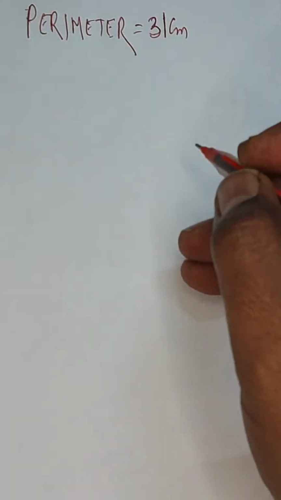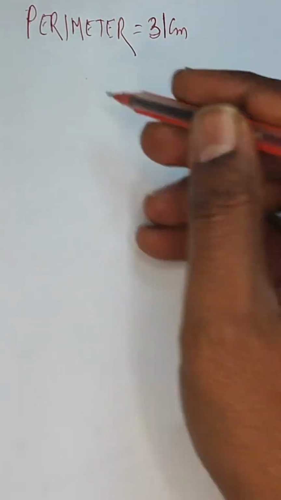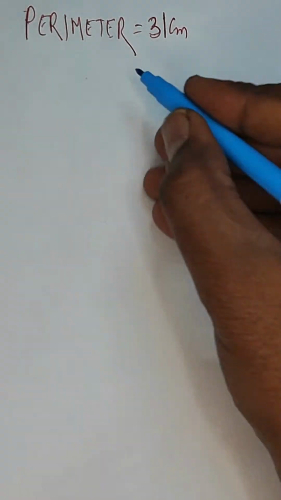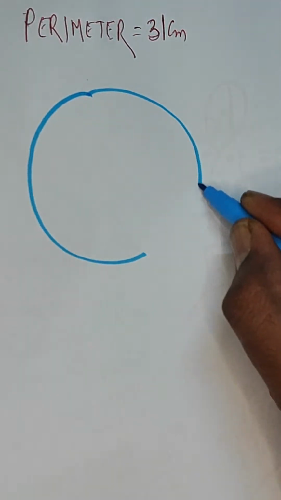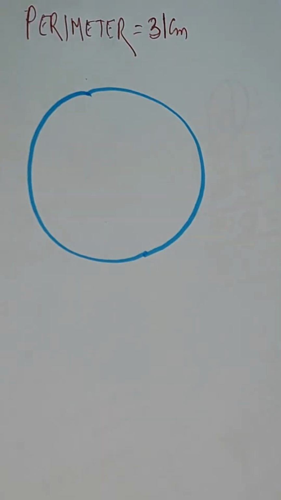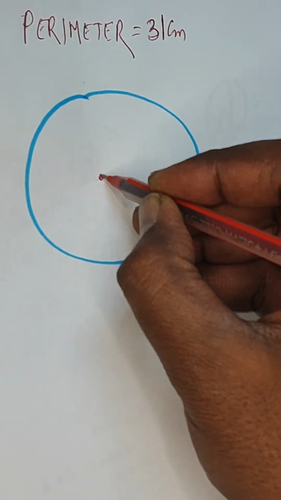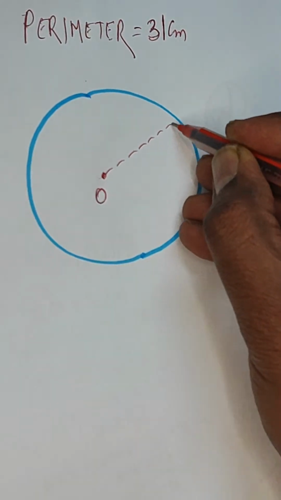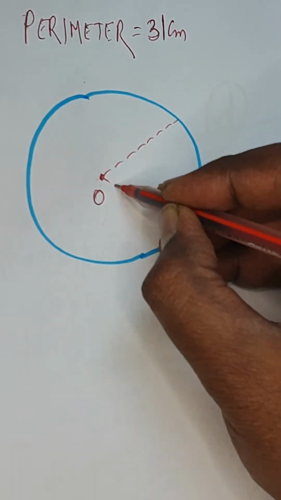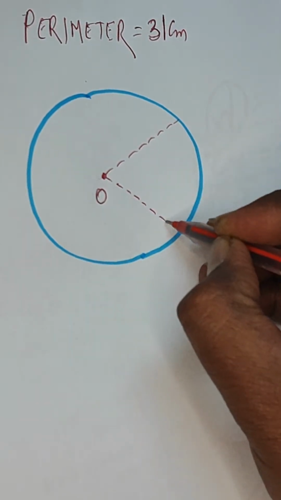Now, from here, we can say that if the perimeter of the sector, that means if the circle is like this, then the perimeter of the sector is 31 centimeter. Let us say O is the center of this circle, then a sector will be formed when it is bounded by two radii, right?